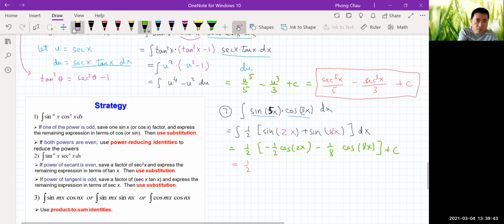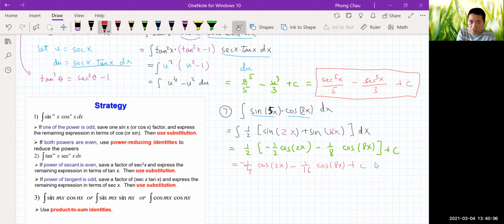So negative 1/2 times negative 1/2, that's negative 1/4 cosine of 2x minus 1/16 cosine of 8x plus c. Okay, so that's the answer.